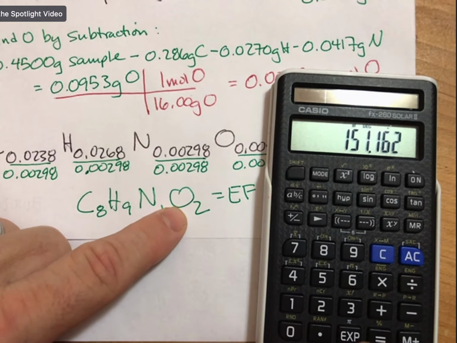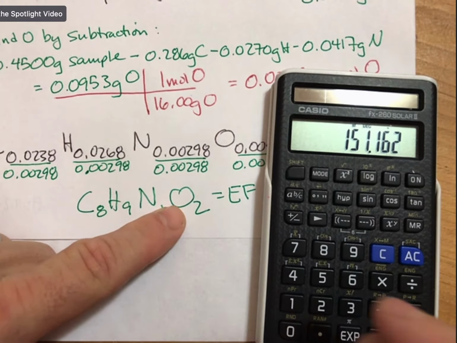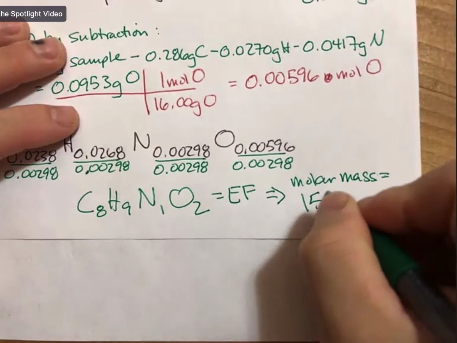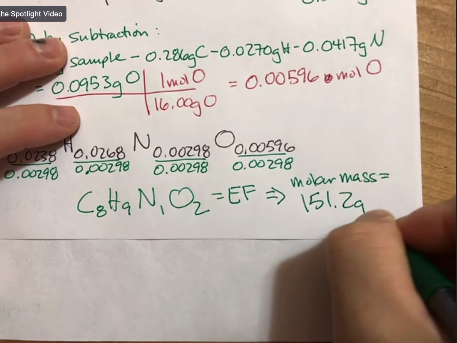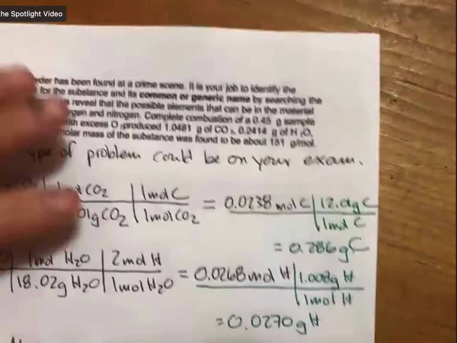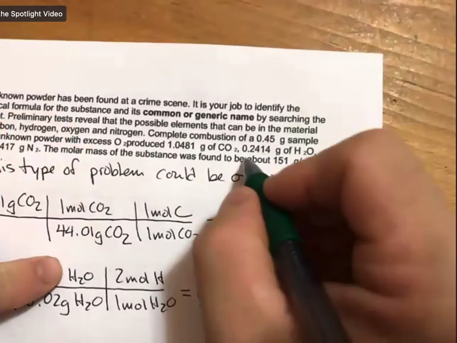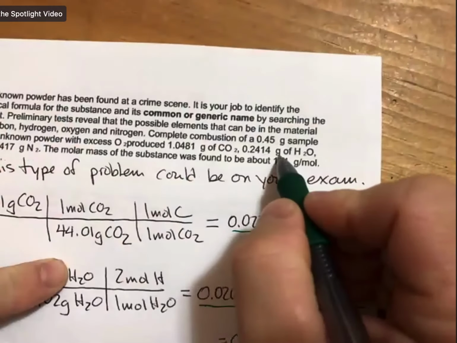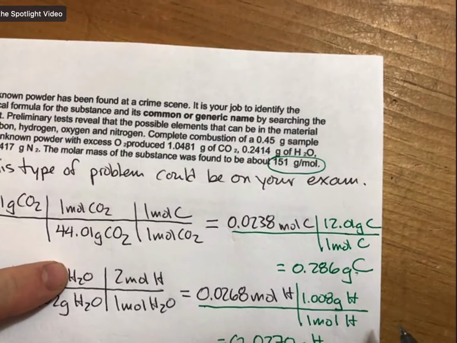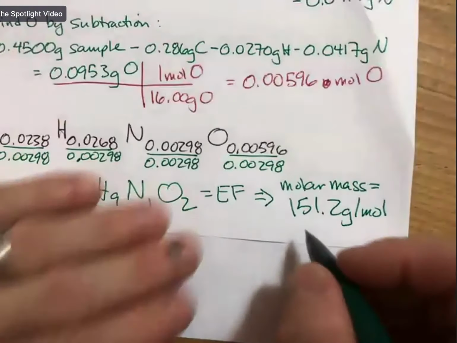Those are all the numbers from the periodic table. My molar mass is 151.2. And in the problem statement, my molar mass is 151. Because those two match, my empirical formula is my molecular formula.